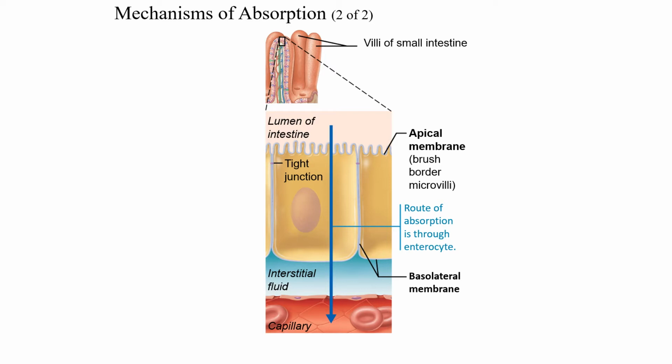Once those polymers are broken down into monomers, the monomers are going to physically cross through the epithelial cells and then be absorbed into the capillary system. So those monomers that get absorbed into the blood physically cross the epithelial tissue in the small intestine.